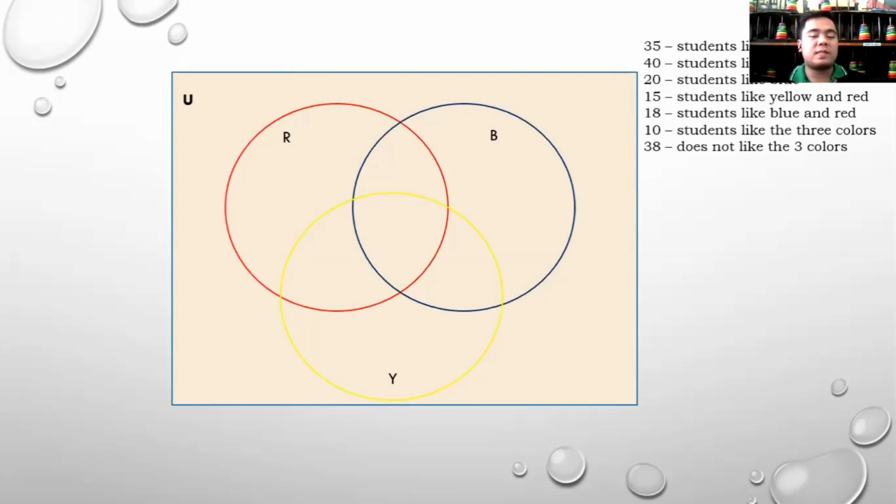So 10 students like the three colors and 38 does not like the three colors. So ito yung representation gamit ang Venn diagram.